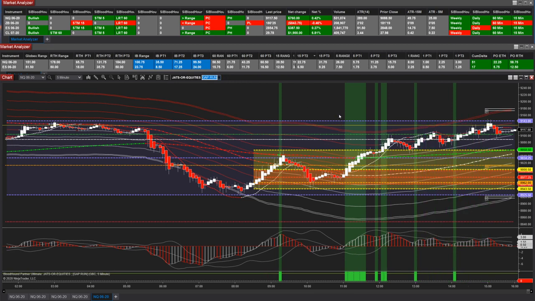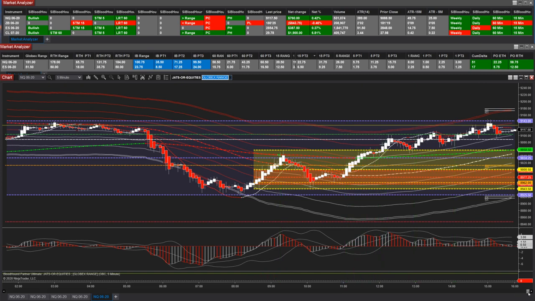There was a prior day close up here. That's your prior close. So that was a gap run right there. And set it up to trade the Globex if it's outside the Globex range. So you see we were all inside the Globex range. You didn't get an outside signal.